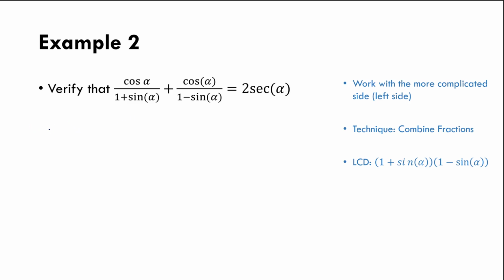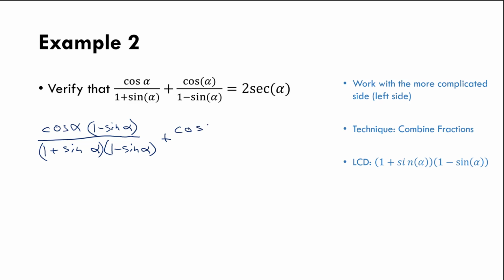So I need to multiply cosine alpha times 1 minus sine alpha, divided by 1 plus sine alpha times 1 minus sine alpha. That's what I'm multiplying my first term by. Then my second term, I've got cosine of alpha, and I'm going to multiply by my 1 plus sine of alpha, which is going to give me 1 minus sine alpha times 1 plus sine alpha for that term.